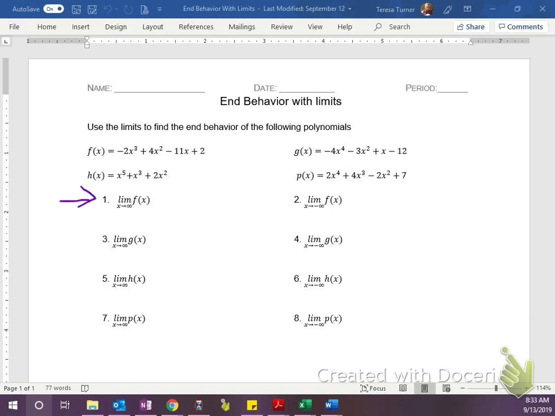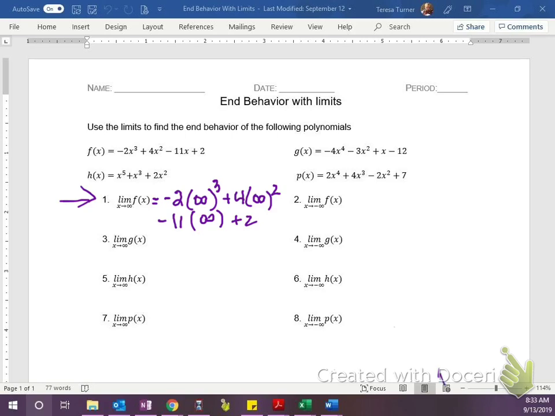All right. So what we said was, we have negative 2 times positive infinity cubed, plus 4 times positive infinity squared, minus 11 times positive infinity, plus 2. Positive infinity cubed is really, really big. And then we make it negative by multiplying it by negative 2. Then we're going to add positive infinity squared, but wherever that is, it's way less than infinity cubed, right?